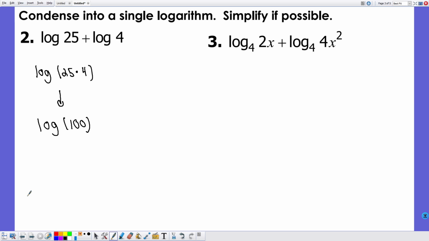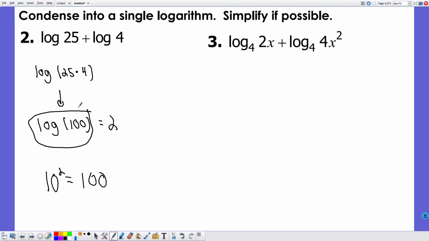This would actually be pretty easy to find a value of because it's base 10. Your answer would just be 2, because since it's base 10, 10 squared is equal to 100, and that exponent is your answer. But that would be if you wanted to evaluate. It didn't technically ask us to evaluate, so your answer really should be log of 100.